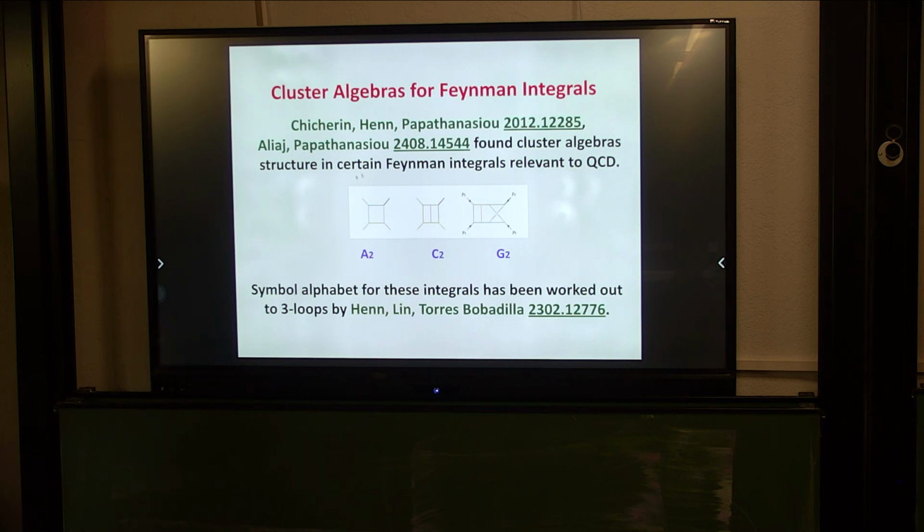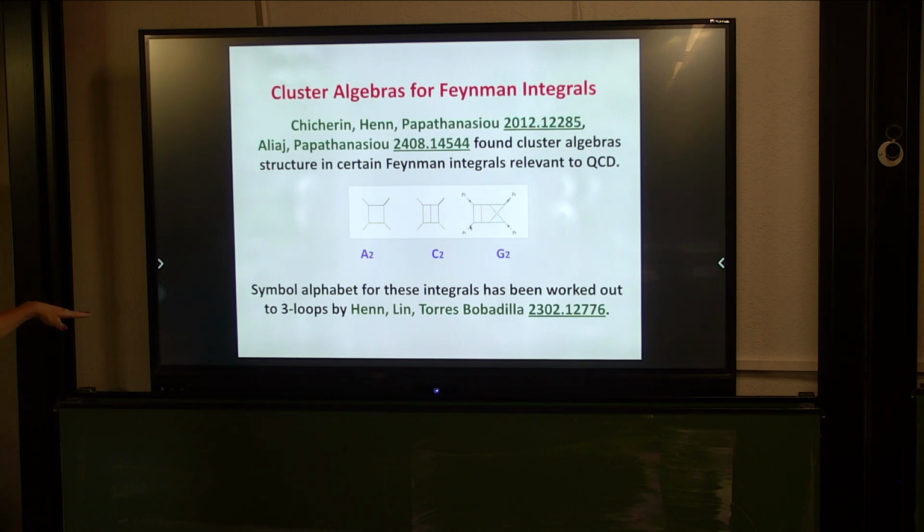So what they did is that they looked at these Feynman integrals, which are drawn here. So 1 loop, 2 loops is an integral corresponding to this. You take this integral, you do this integral, you take the symbol alphabet, and you get certain letters.